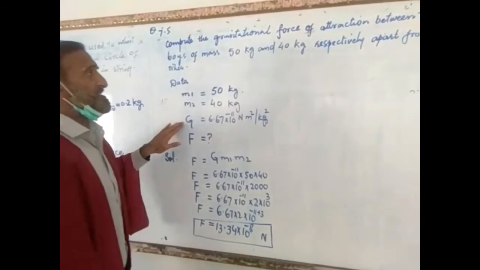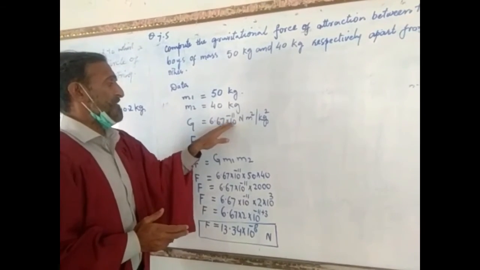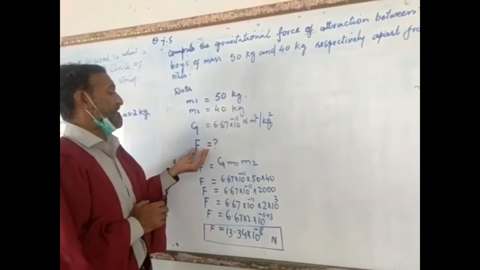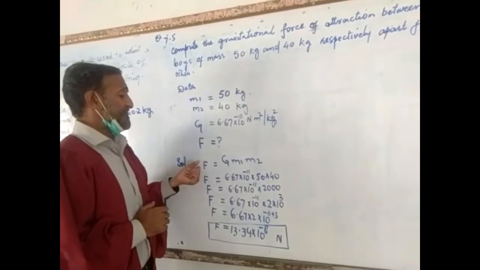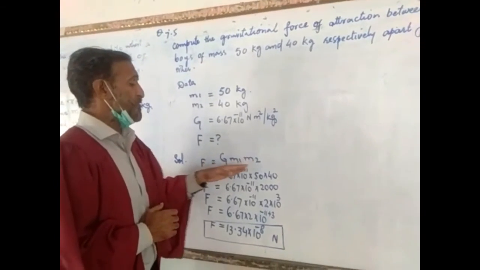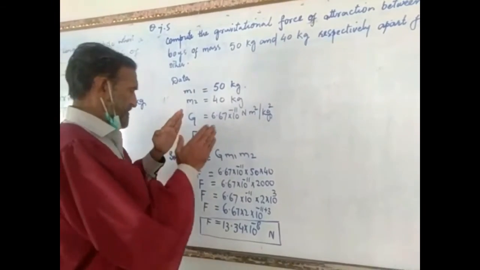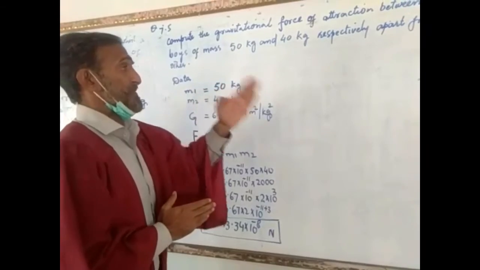Gravitational constant, which is always the same, is 6.67 into 10 power minus 11 Newton meter square per kg square. We have to find out the force of gravitation between them. We know that F is equal to Gm1m2 upon r square. Here r is not given. Only it is said that both are apart from each other.